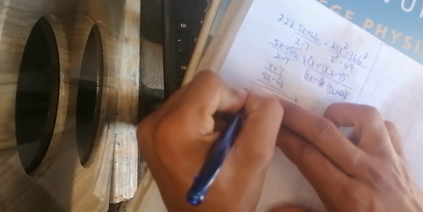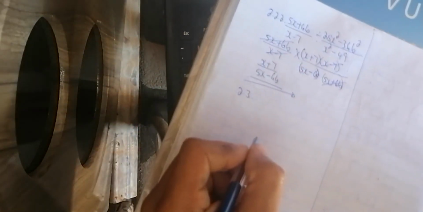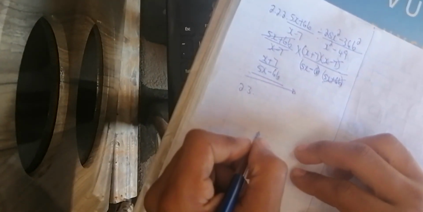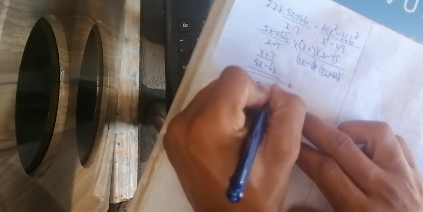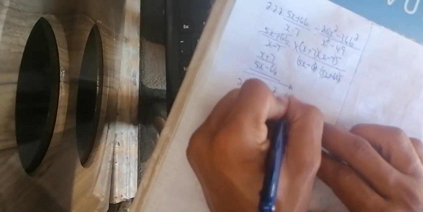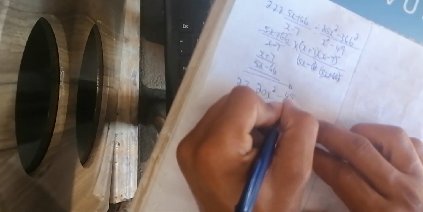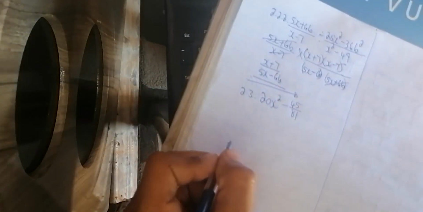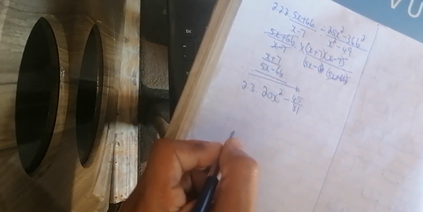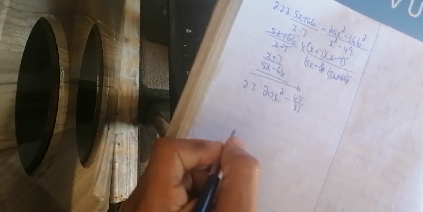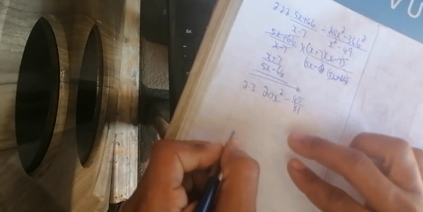Let's go to 2.3. They say factorize 20x squared minus 45 over 81. 3 marks are provided for this. Factorize completely.